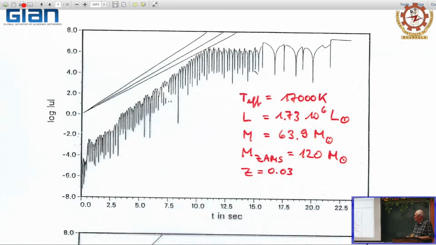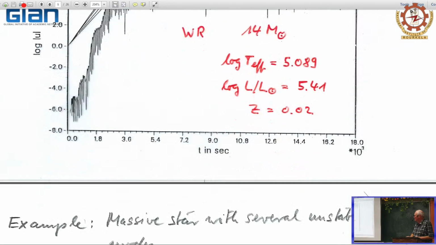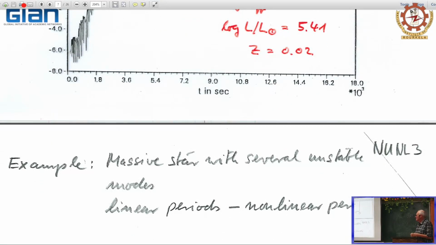Now let's consider a massive star with several unstable modes. I have taken this massive star with several unstable modes to show you how you can compare the linearly determined eigenfrequencies with the results of the nonlinear simulation, and thus how to validate your code.